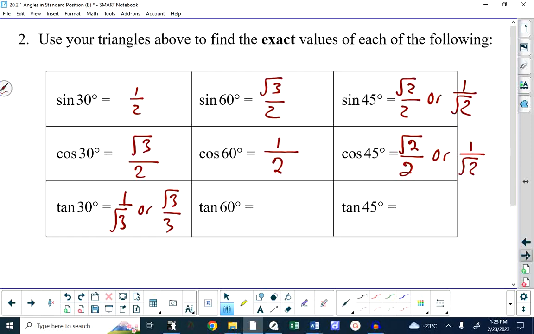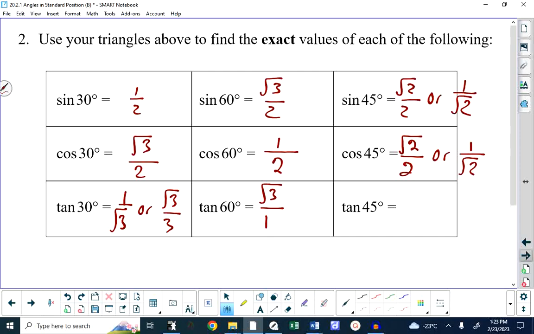Okay, so you're looking at the 60-degree triangle and the 60-degree angle, and you're looking opposite 60. And when you go opposite 60, I believe it's √3, over adjacent, which is 1. Yeah, that's right.